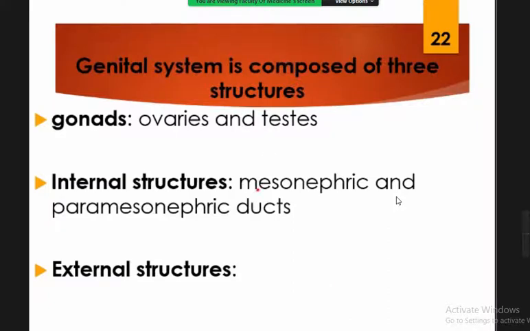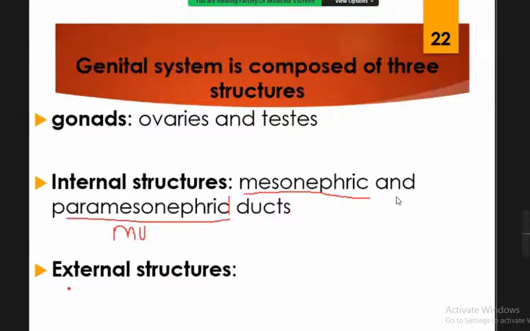We may not so much use these terms. We may use Wolffian duct for the mesonephric duct, and instead of paramesonephric, sometimes we may end up using Müllerian duct.